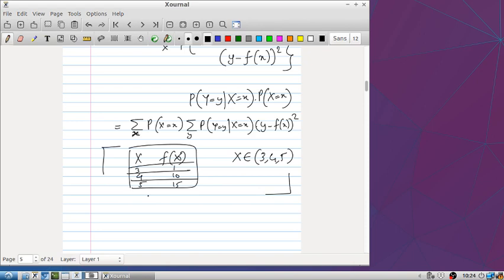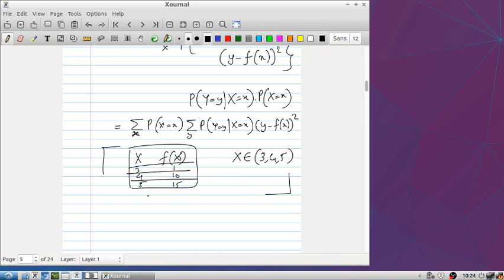I want to find f of x for every x. For every little x value, I want to find a number such that this whole score is minimized. That will give me a function, like a table. Find a number, find a number, find a number. Once I find all these numbers, that will be the f that gets me an EPE score.